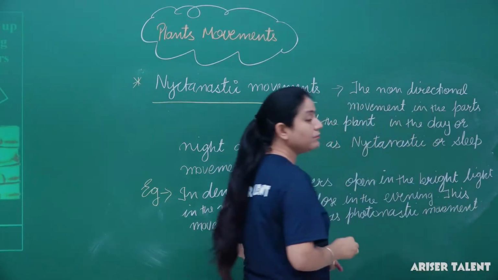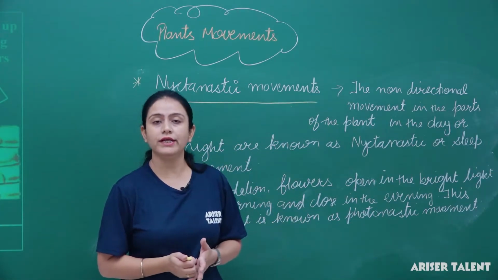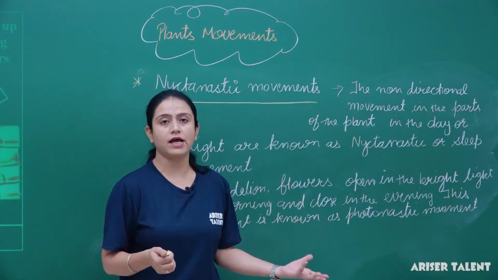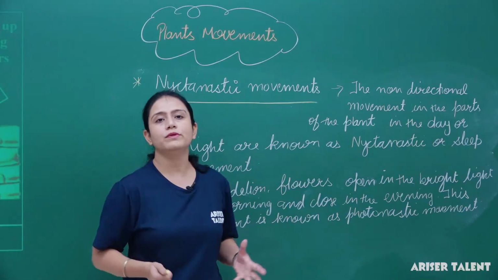Okay, and some parts of the plants show movement according to the temperature. When the temperature is high, then they close their leaves, or when the temperature is normal or low, then they open the leaves.